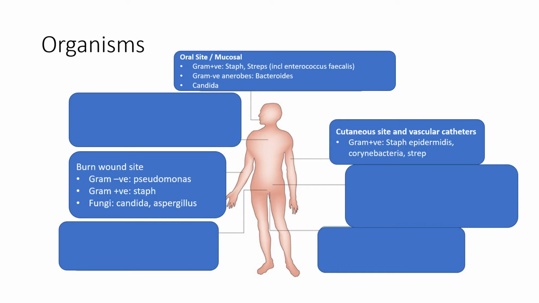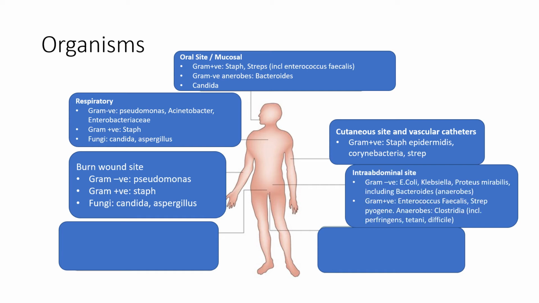From the skin, we have gram-positives like staph epidermidis, and we should pay particular attention to burn wounds because they can be infected with gram-negative Pseudomonas, gram-positive staphs, and fungal infections. From the respiratory tract, you may see pneumonia or infections with gram-negative Pseudomonas, Acinetobacter, Enterobacteriaceae, gram-positives such as staph, and fungal.